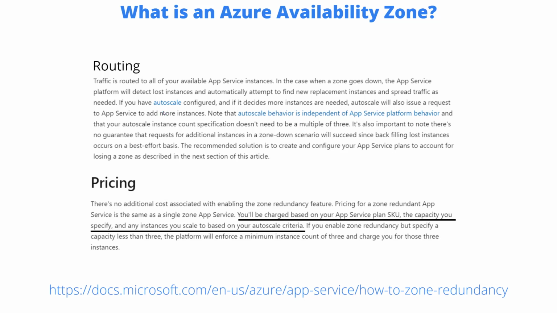If you have autoscale configured, it will take care of that as well, and will try to provision additional instances. If I look back a few years ago, this was kind of the dream of always having an active configuration, because let's be honest, testing for BCDR is a pain.